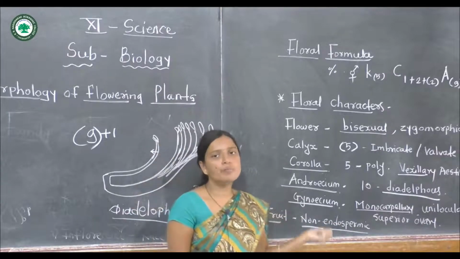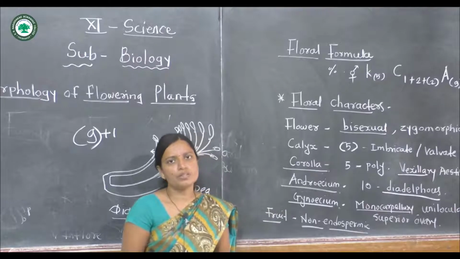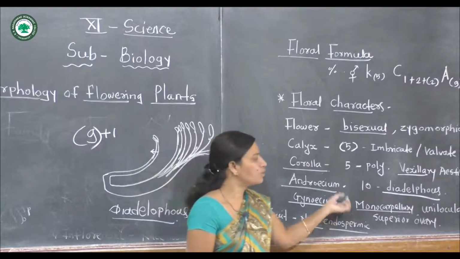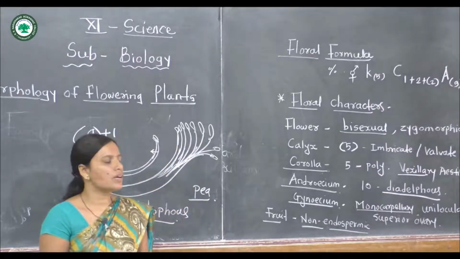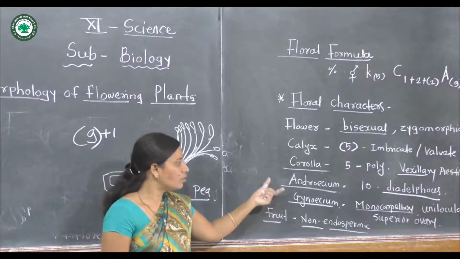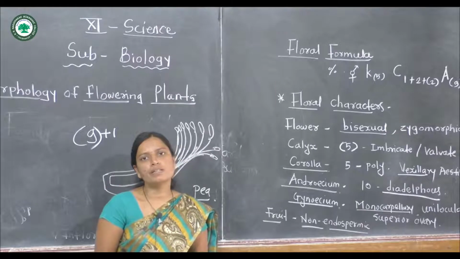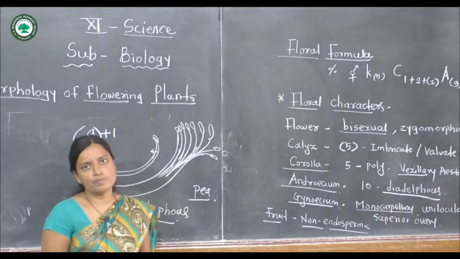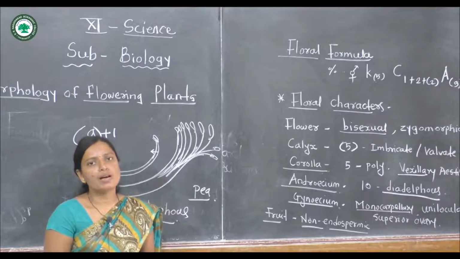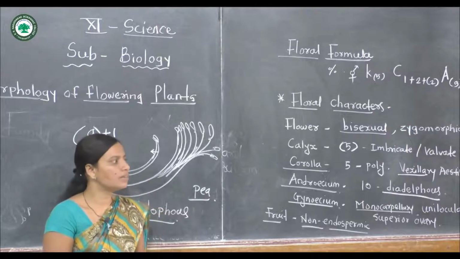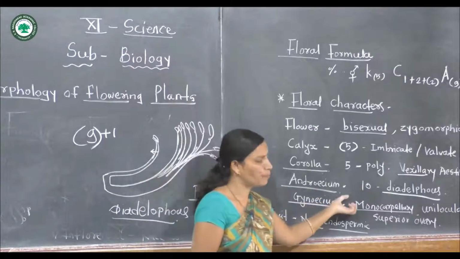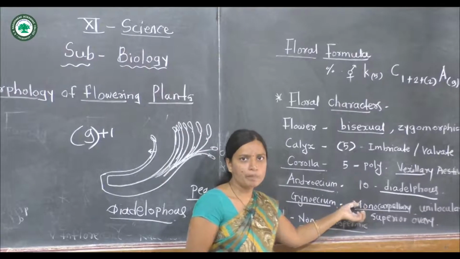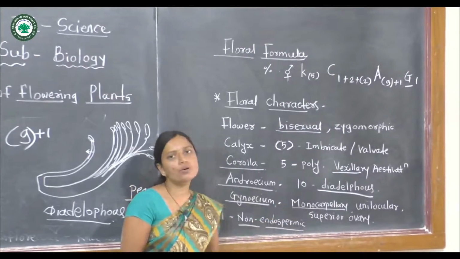Placentation is marginal placentation. These ovules are attached on the margin, in a unilocular ovary, and this ovary has many ovules. Marginal placentation is present in the Fabaceae family. The gynoecium is only one, monocarpellary, with a superior ovary.